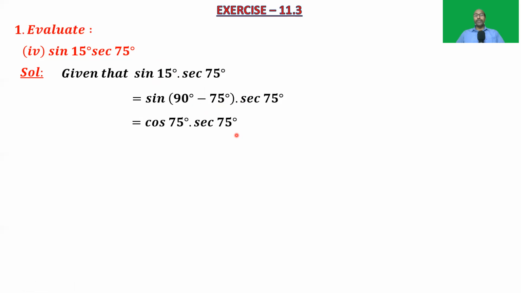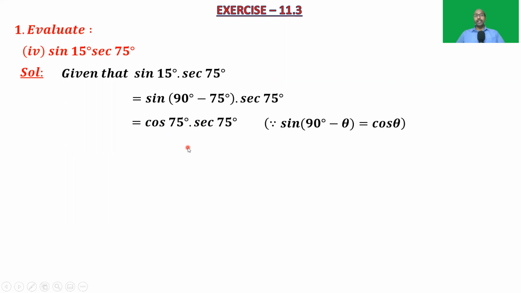Students, we know that the multiplicative inverse of cos theta is sec theta. That's why cos theta is equal to 1 by sec theta, or sec theta is equal to 1 by cos theta. So change any one of these two ratios into the form of another one.